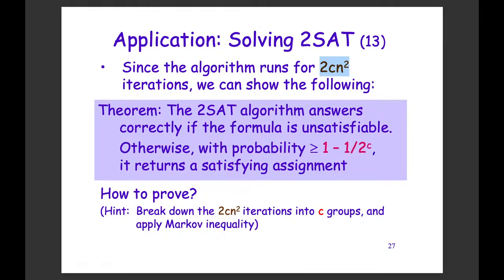Each of them has less than 1/2 chance of not finding the optimal assignment. So in total, when we have c batches, the probability that we cannot find it will be less than or equal to 1 over 2 to the power c. So that's why we will have probability 1 minus 1 over 2 to the power c to be able to find the correct assignment. So this explains the whole algorithm.